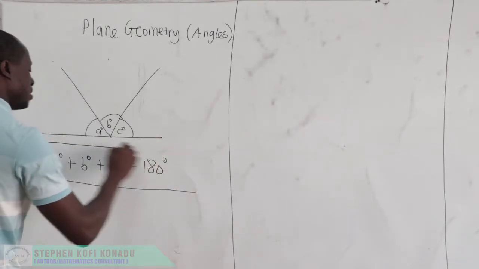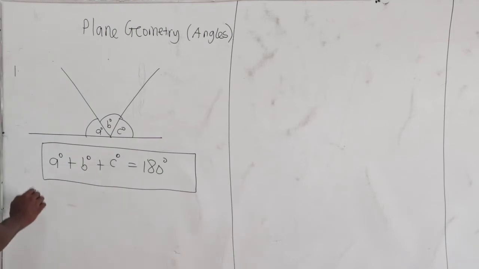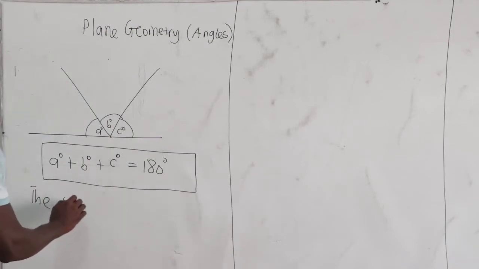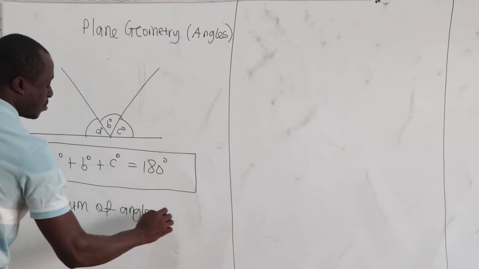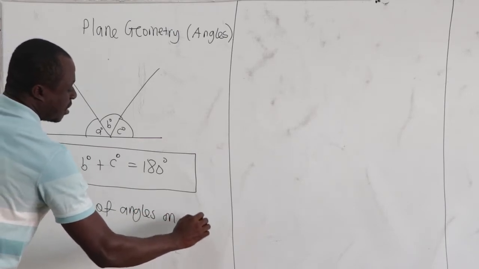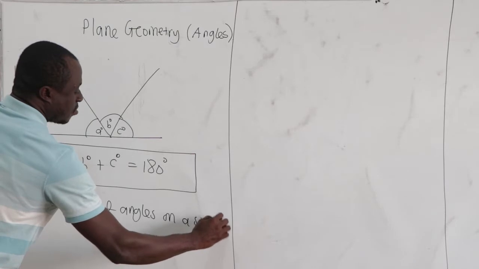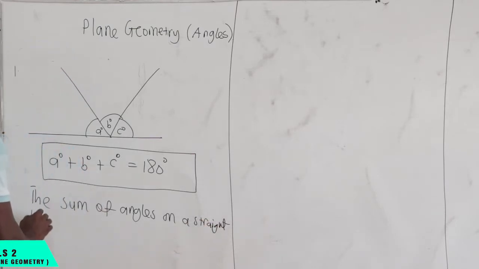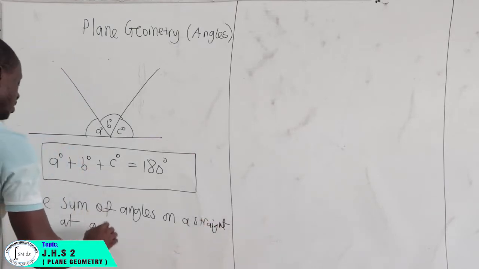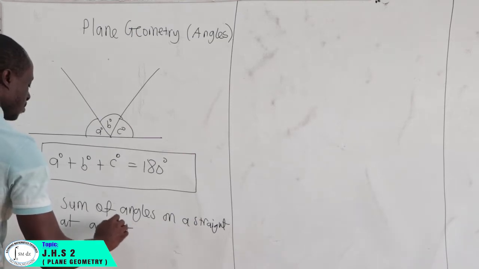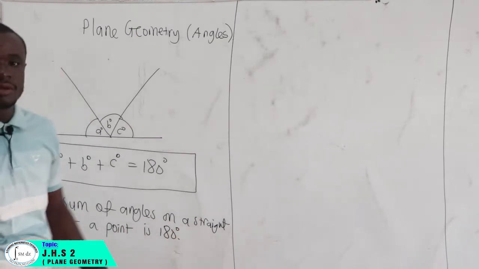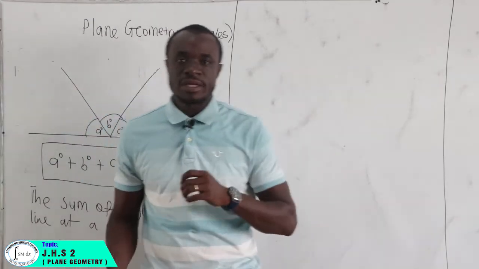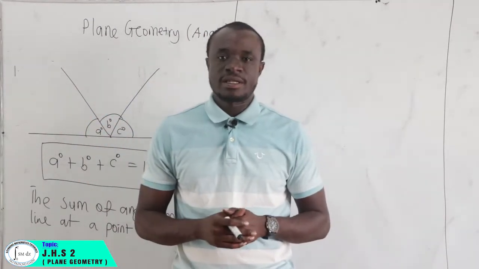And all that we are saying is the sum of angles on a straight line at a point is 180 degrees. Let's consider some examples for better understanding.